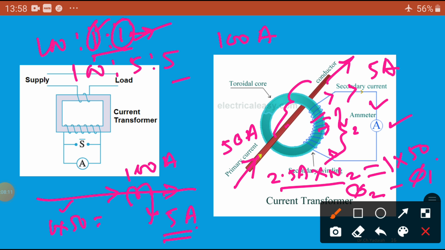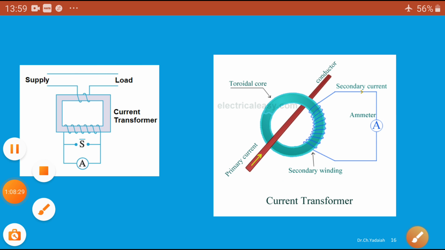Okay, now what happens? The difference flux flows through this ammeter, and the ammeter is calibrated in such a way that it indicates 50 amperes on the small ammeter. Okay, that is the principle of operation of this one.